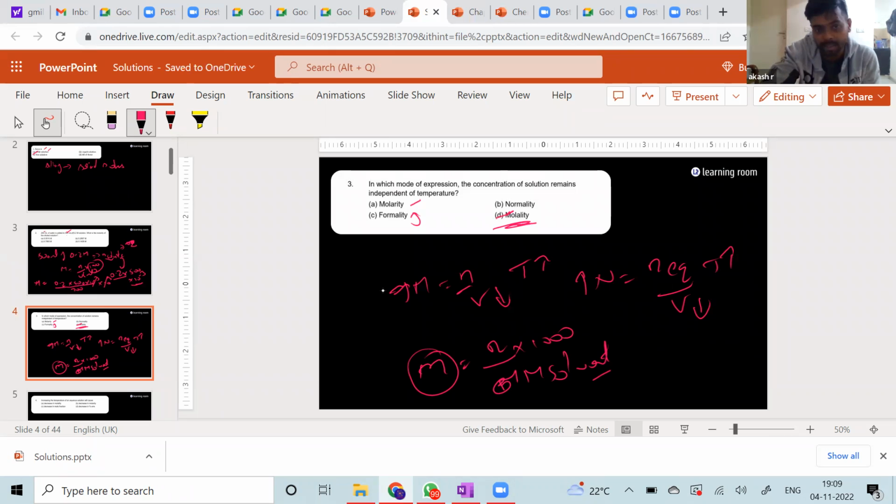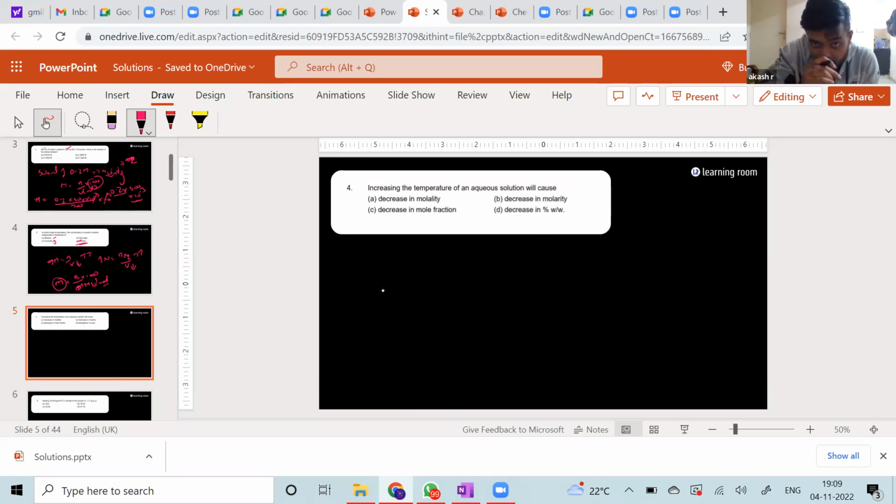Whereas all the other things are going to change with respect to temperature because the volume term is there. Okay, next one. Increase in temperature of an aqueous solution will have what effect? Decrease in molality? Obviously not, we just saw in the last question that it is not going to change anything, because molality is independent of temperature.